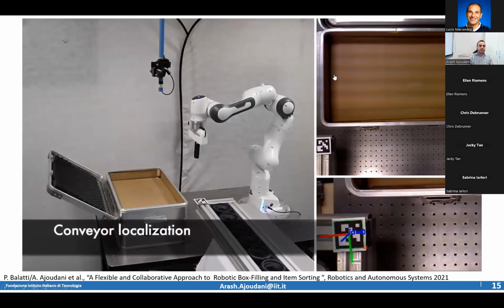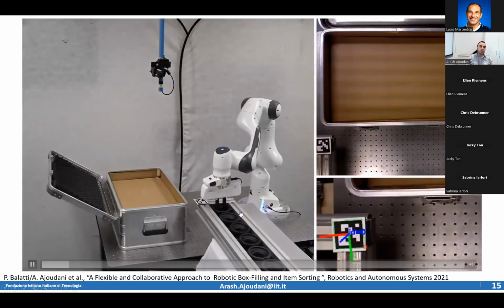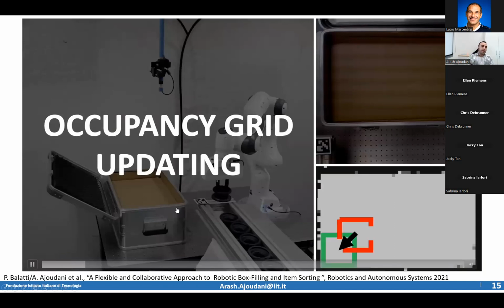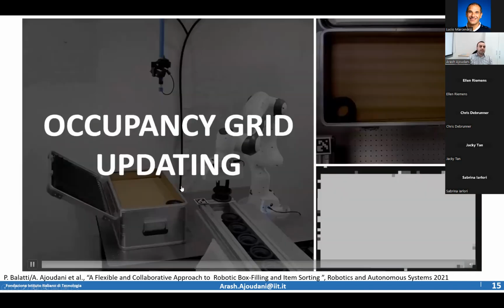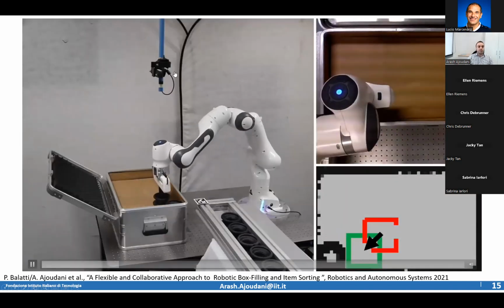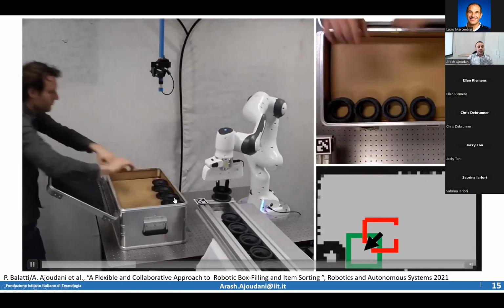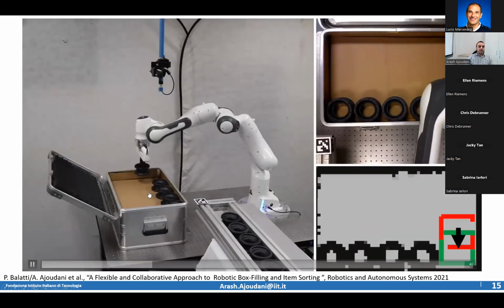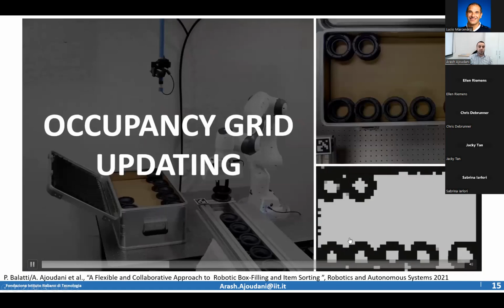So we replicated this. We combined some sort of visual planner plus a self-tuning impedance planner that exploits the constraints. We have this occupancy grid mapping through the perception system. This is a very flexible box filling, and it permits a person or any disturbances that happen in the environment to be adapted to and responded to.